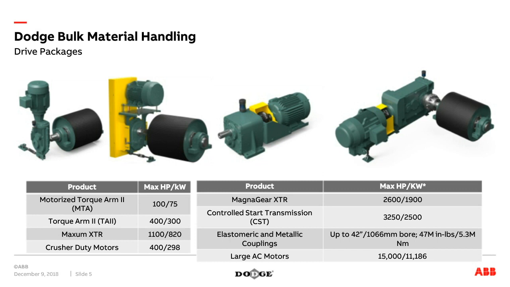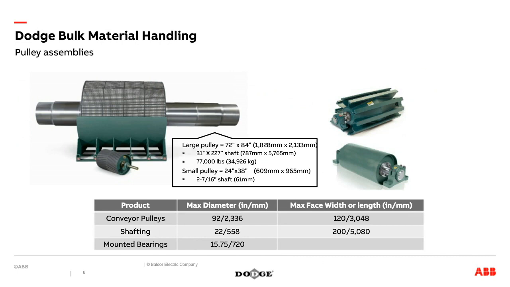Additionally, as part of this are complete conveyor pulley assemblies. You can see these come in very wide ranges. In the picture on the left, it offers a comparison in sizes. The smaller pulley is a 24-inch diameter by 38-inch face width conveyor pulley, going all the way up to the large pulley in the picture, which is a 72-inch by 84-inch conveyor pulley.